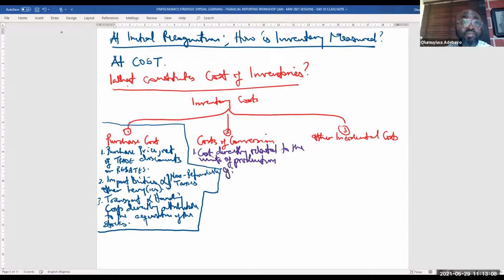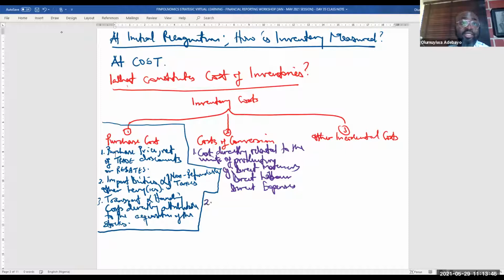And this conversion cost is required when you are dealing with stock of raw material, which you have to take into the production process. And this includes direct materials, direct labor, and any other form of direct expenses other than production overheads.